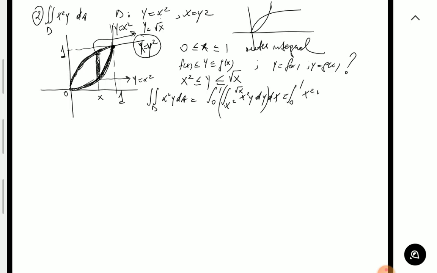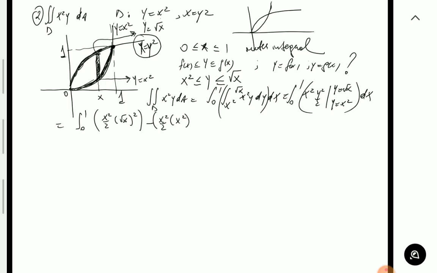We're going to have x squared times y squared over 2, with y between x squared and square root of x. And now very carefully, let's plug in root x into y, like so, and then plug in x squared into y. Don't forget to square it again, because it's y squared in the actual integral there.